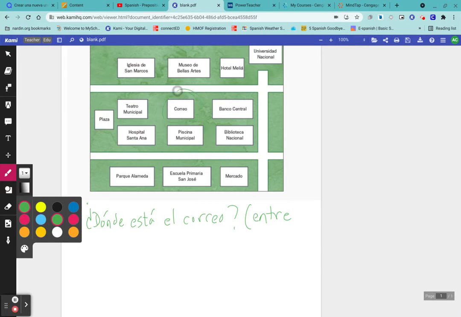The correo is here, and we know that it's between the Teatro Municipal and the Banco Central. So how would you say the post office is between the Banco Central and the Teatro Principal? You would say está entre el Teatro Municipal y el Banco Central.